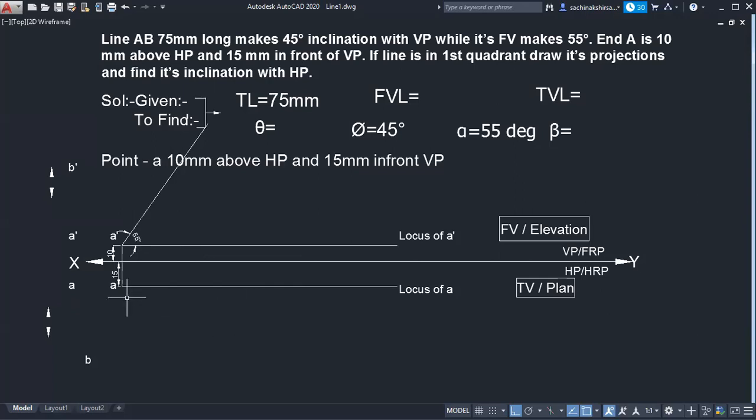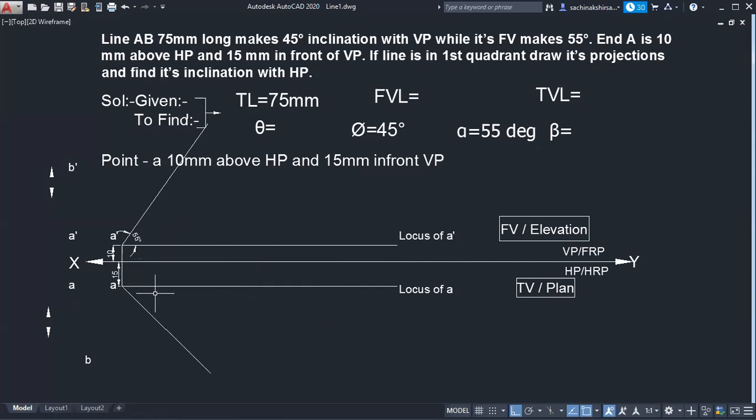Okay. So alpha from A, which angle I have to mark? 45. And do I know the true length? Yes, sir. I know. So from this 70, first I have to draw the angle at 45.